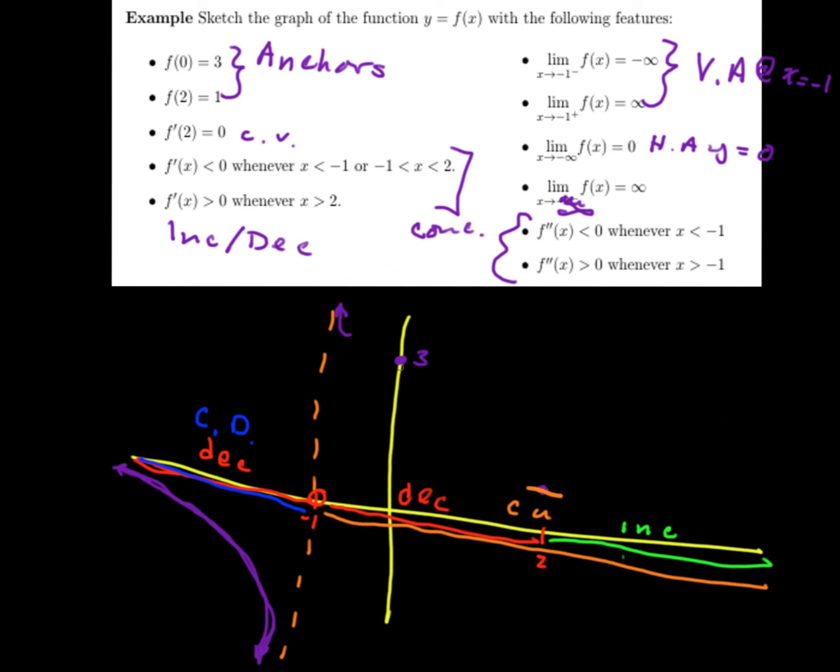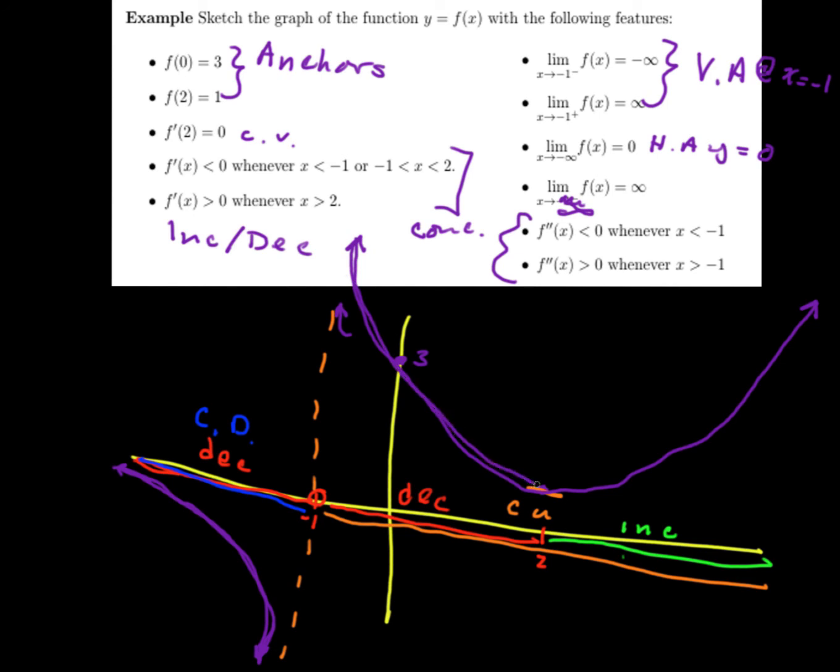It's going to decrease, decrease, decrease till I hit 2, and then increase. So the only way that can happen is it's going to have to look something like this. And then after that, it'll be concave up and increasing and going to infinity. So its shape has to be something like this.